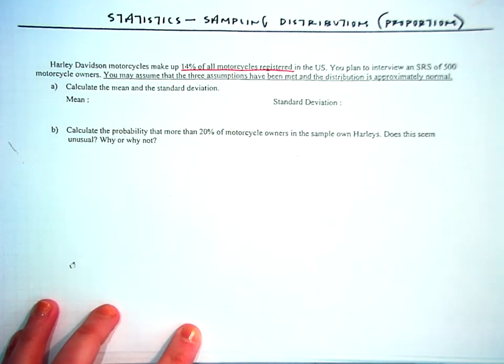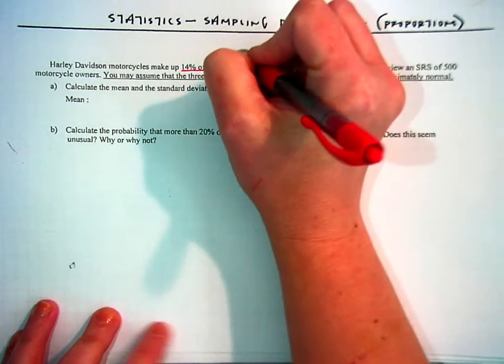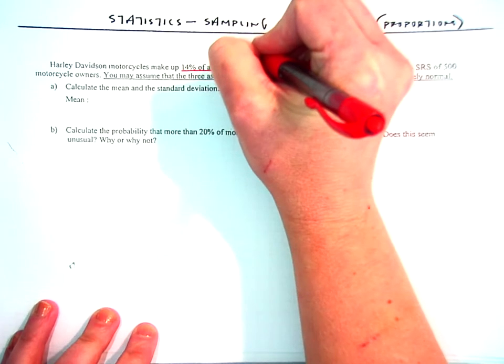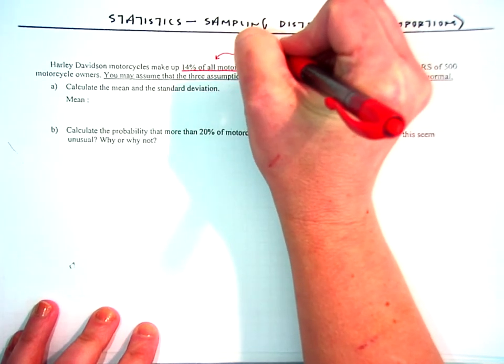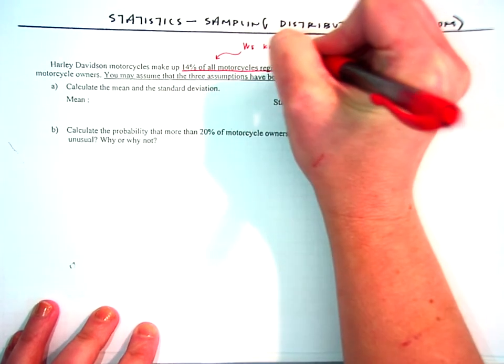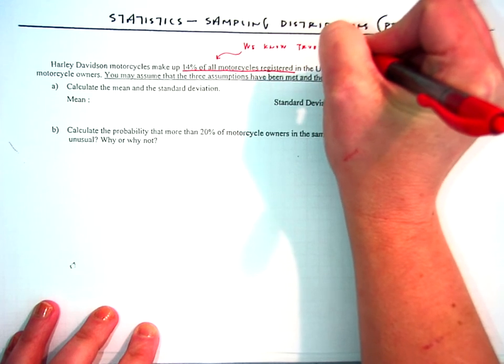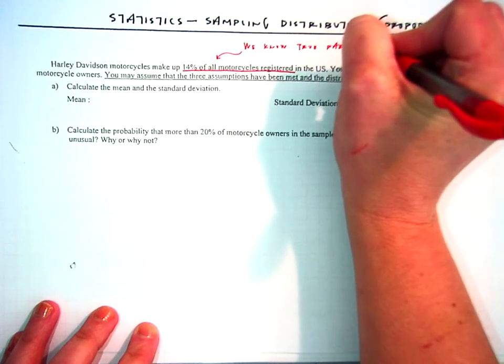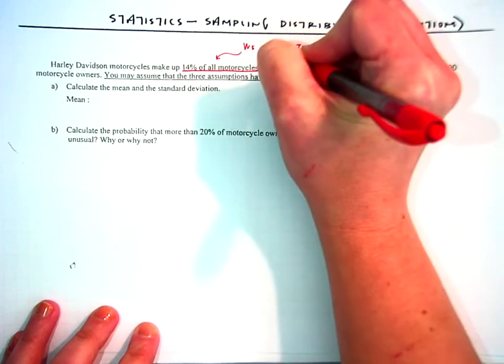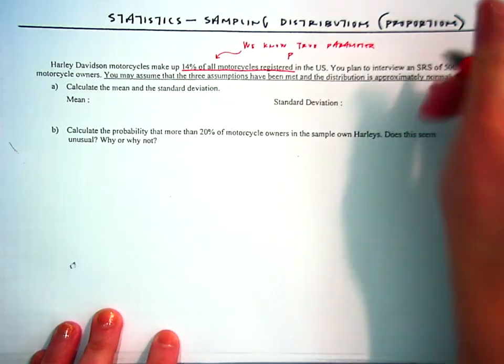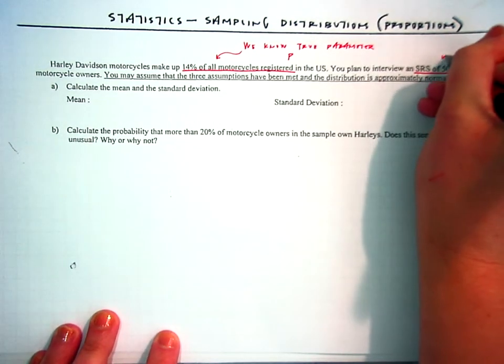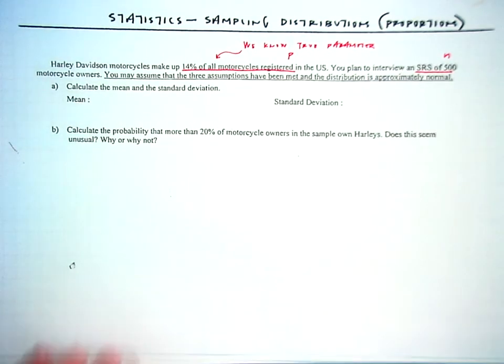It's telling us the true parameter. So here we know the true parameter. We know the P. We also know our sample size, the N, is 500.